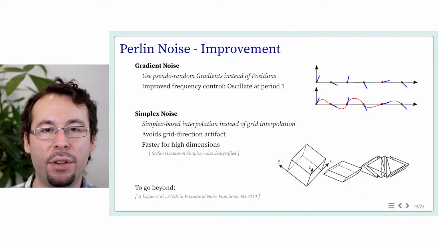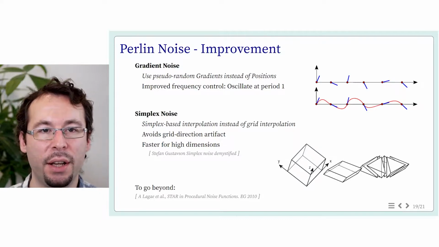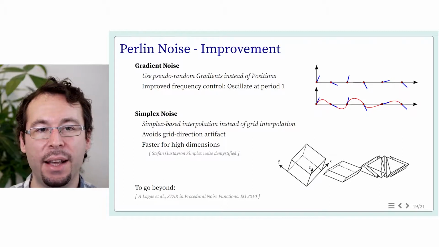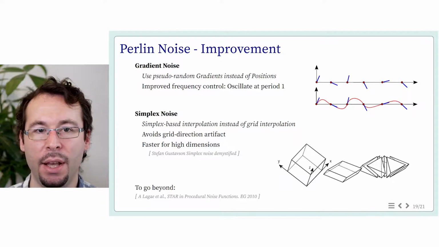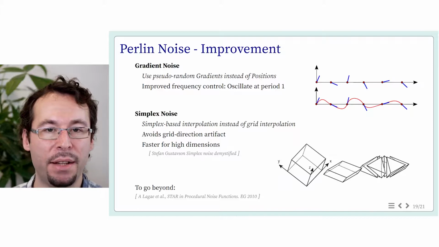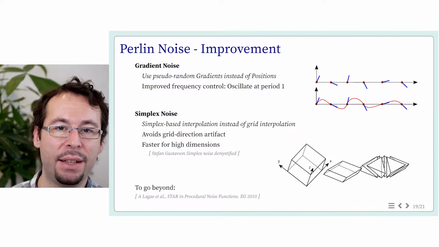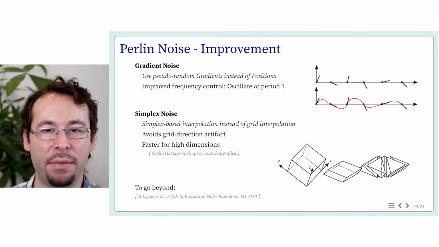So as a final note, some improvements over the procedure I just presented. I showed a version of function f called value-based, as we computed the value of f using the hash function. Actually, we can get better results using something called gradient-based noise. In this case, we set the value of the function to be 0 at every integer value and use the hash to set the derivatives.